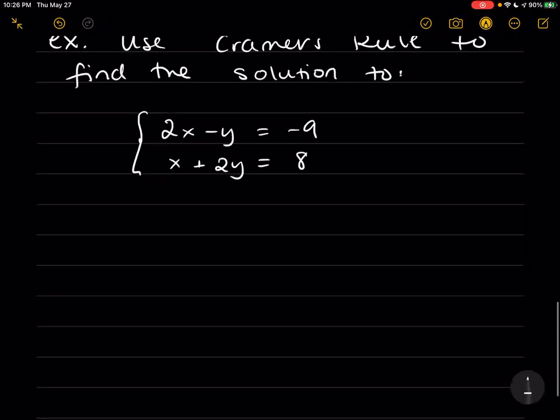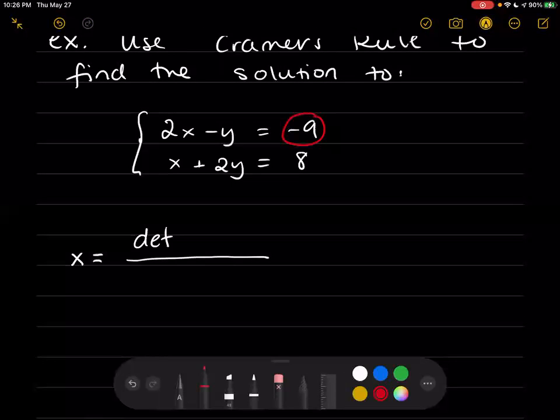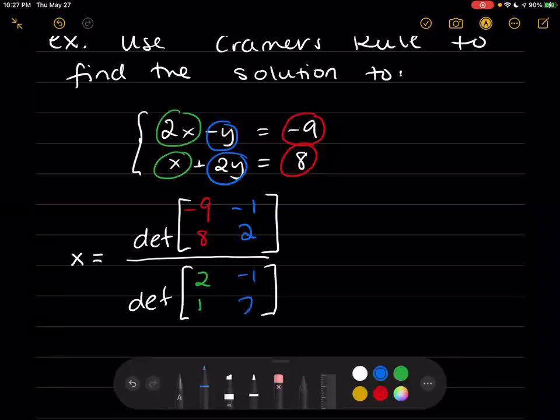Let's use the same colors we did last time: red, blue, green. Our x coordinate will be the determinant of the matrix with r and s, which is -9, 8, and then the y coefficients, -1, 2, over the determinant of the matrix of the coefficients, which is 2, 1, -1, 2.